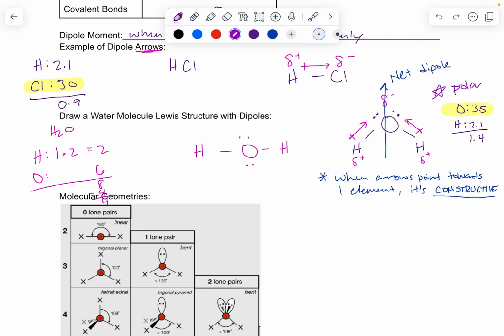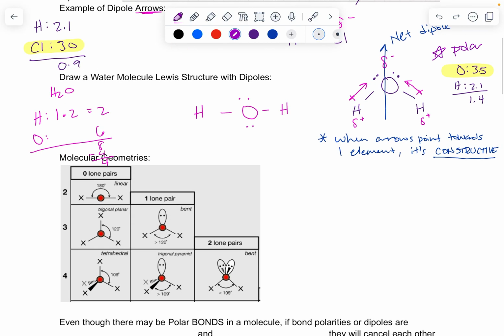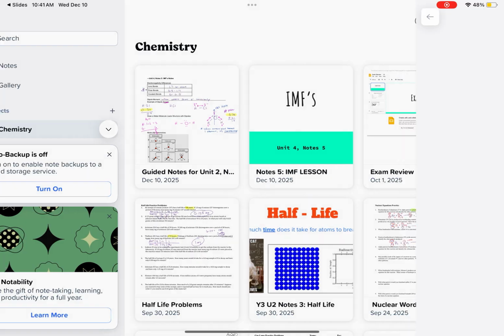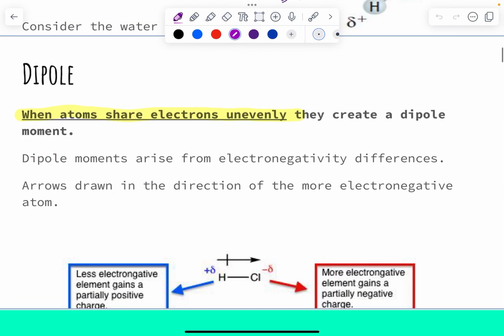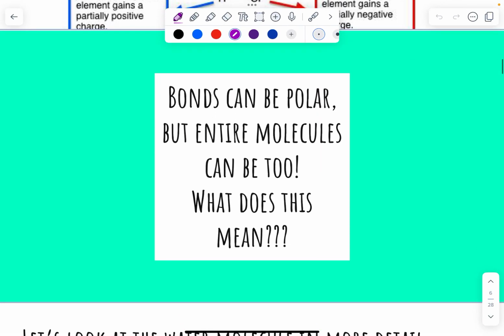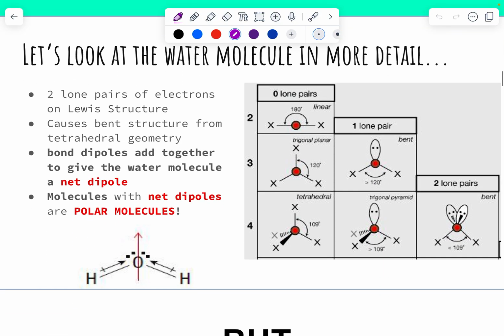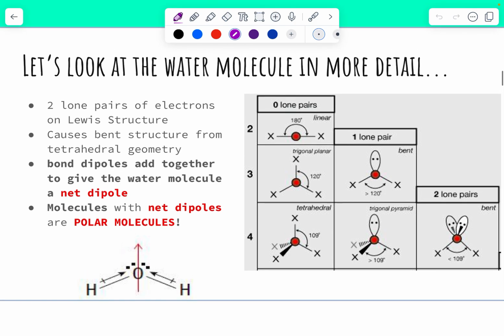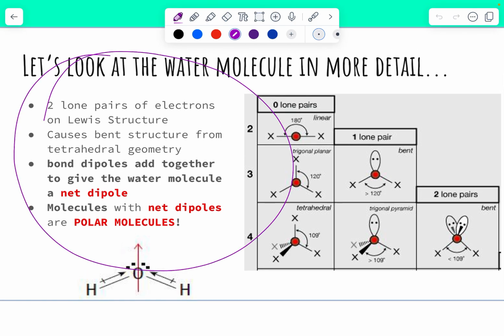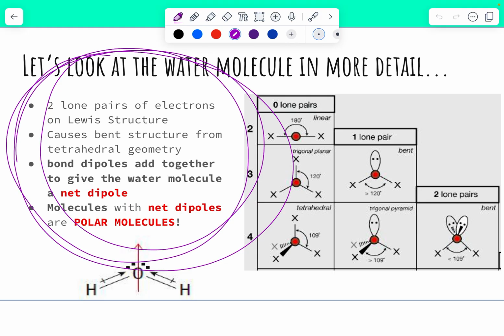All right? Now let's look at another example. I'm going to go back to my slides for just a second because I forgot to use those, and those are really handy. Okay, so bonds can be polar, but entire molecules can be polar too. That's what we just talked about. Now, this is the fancy way of saying exactly what I just showed you on your paper.